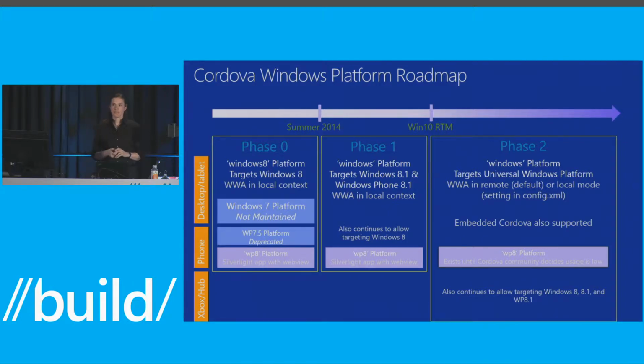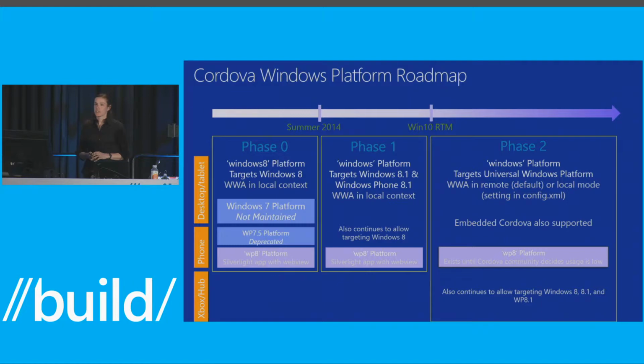Because Windows Phone 8 is still in market, that platform continues to exist. And in accordance with how the Cordova community works, until that platform has reached a very low usage, it will continue to be maintained. And when it's at very low usage, we will deprecate it with lots of 6 months of warning to the community, and then we encourage everybody to move over.